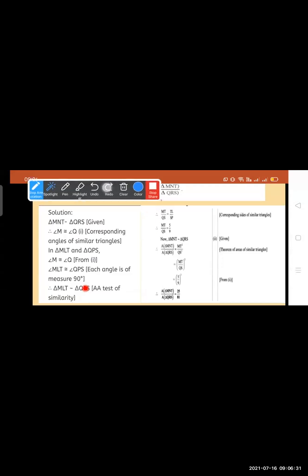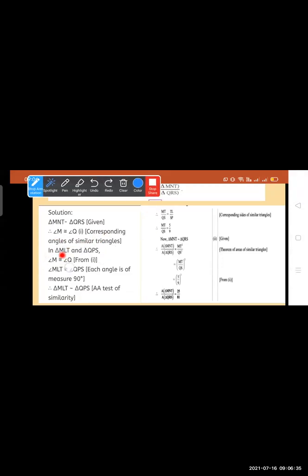The given condition is that MNT is similar to QRS. If they are similar, that means angle M is congruent to angle Q. Now consider triangles MLT and QPS.